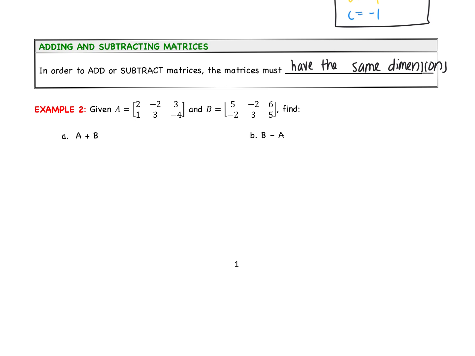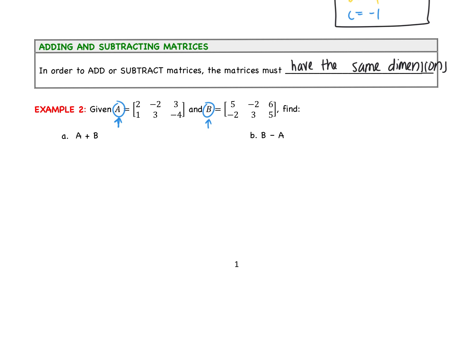So one thing I neglected to mention earlier is normally we give a matrix a letter to denote that matrix. So this letter A denotes that entire matrix A, and this letter B denotes the entire matrix B.